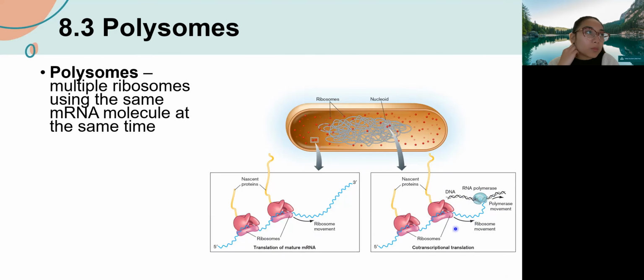So in eukaryotes, because we have a nucleus, when RNA is being made, it's inside of the nucleus initially, and then the RNA has to leave the nucleus to find a ribosome. But in this case, because there's no nucleus, a ribosome can just come along while the RNA is still being produced, and the ribosome is already making the protein. The RNA hasn't been finished yet. Like the RNA polymerase is still finishing off this mRNA molecule, but the ribosomes are already using it.